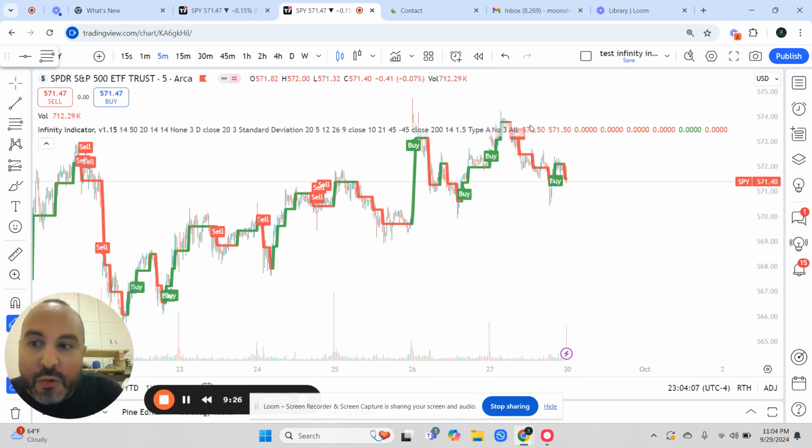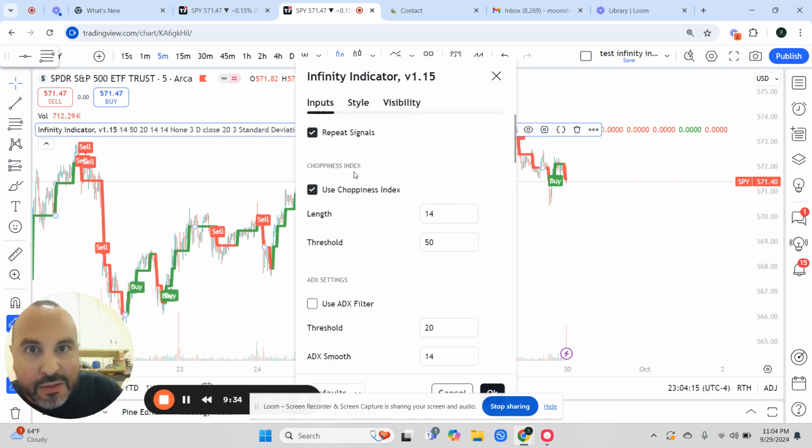And now we're going to tweak the indicator and put it to the correct settings. So go ahead and you can scroll over and click on Settings. This is the 5-minute chart setup. I'm going to show you how to set this up. And whether you have repeat signals on or not, that's kind of up to you.